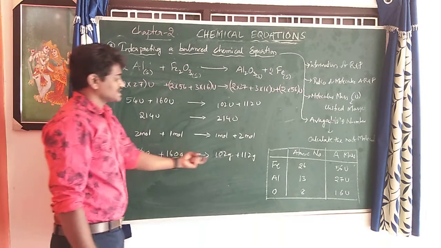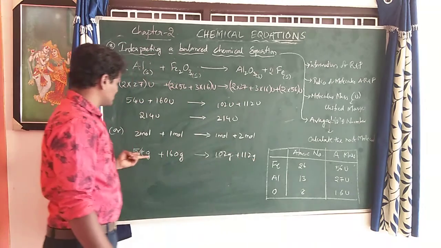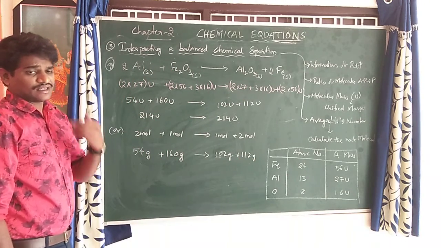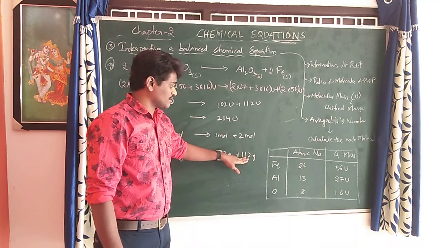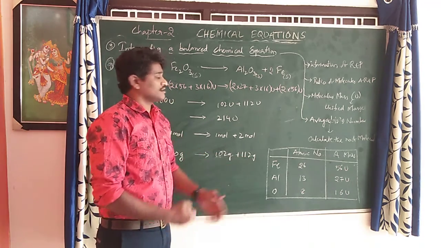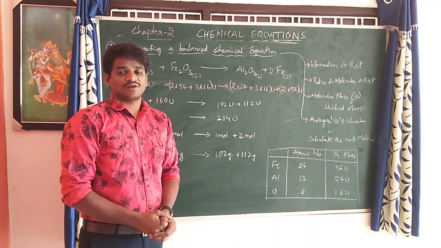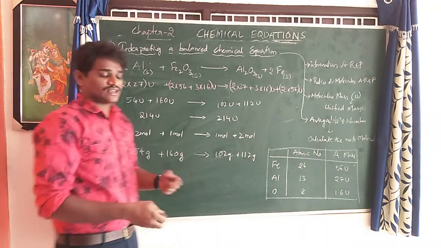So to extract 112 grams of iron, we use 54 grams of aluminium. Frequently in exams they change these grams, for example: I want 2000 grams of iron, how much aluminium is required? That type of question is there. I can explain after this.